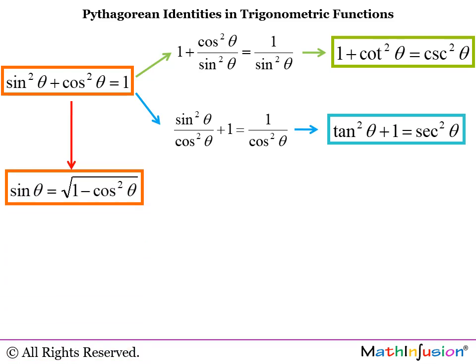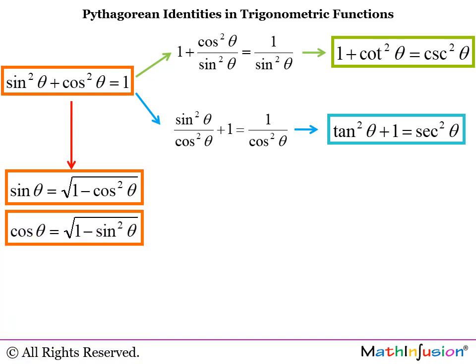But I get much more. From here I get that sine theta is the square root of 1 minus cosine squared theta, and also cosine theta equals the square root of 1 minus sine squared theta.